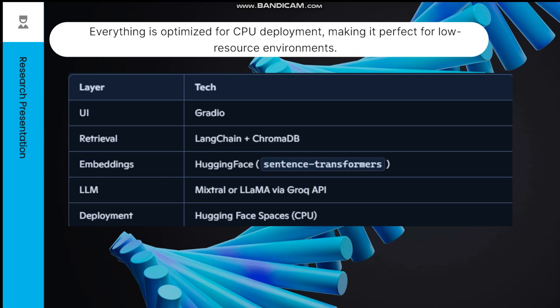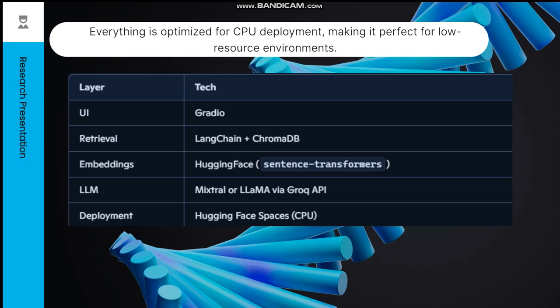Next, we have embeddings. The symptoms, descriptions, and medical knowledge base are embedded using HuggingFace sentence transformers, which convert textual data into searchable vectors. Next, we have large language models, the LLM. For natural language responses, we utilize Mixtral or LLaMA models, interfaced via Groq's API, which provides ultra fast inference without even GPUs.